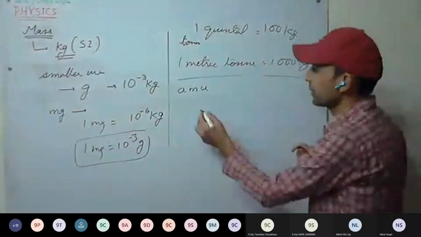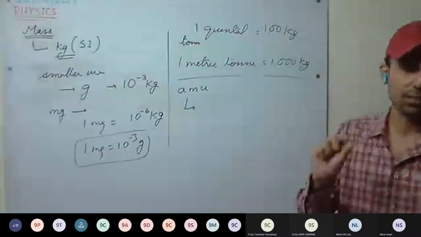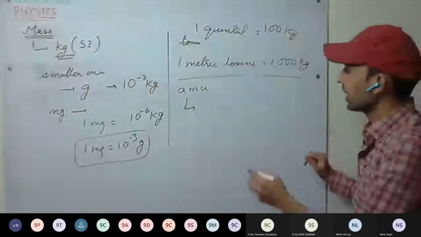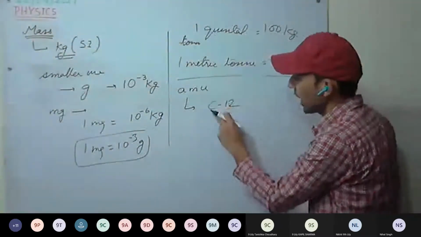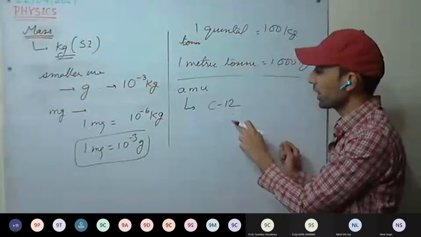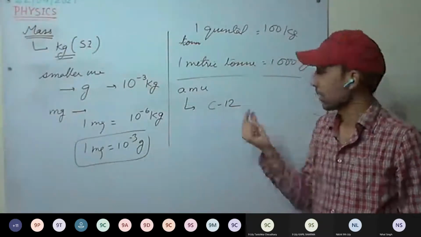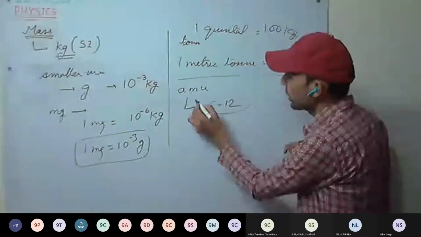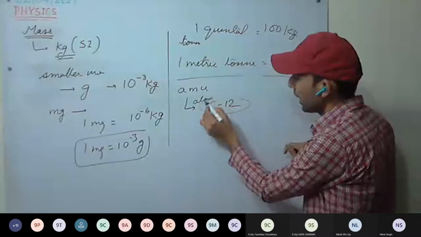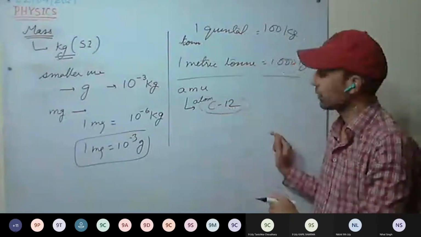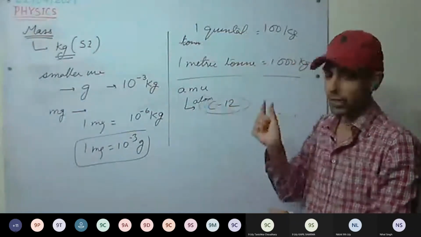And how is it defined? First we take one carbon atom of C12, the isotope of carbon 12.